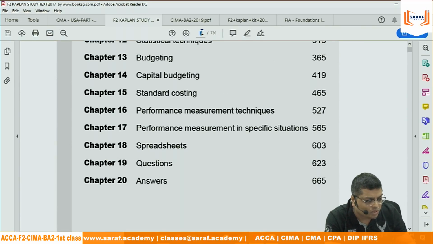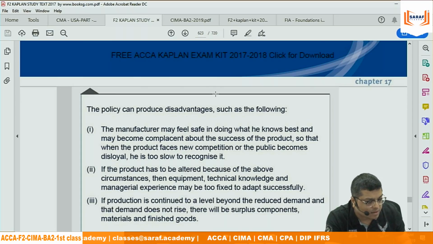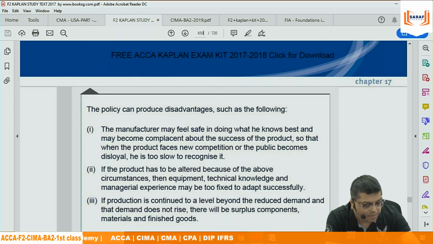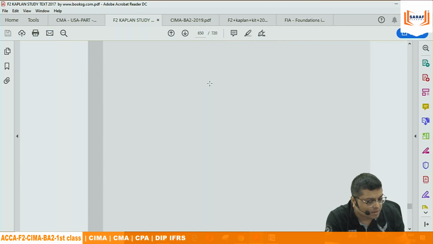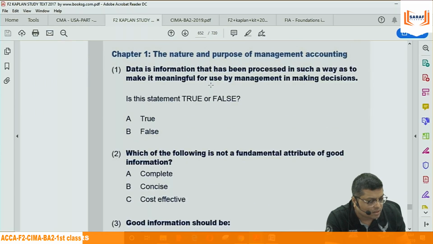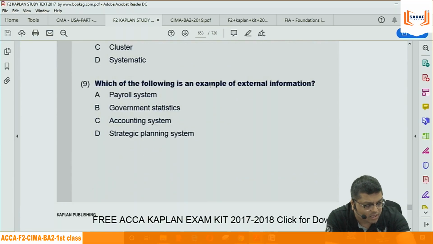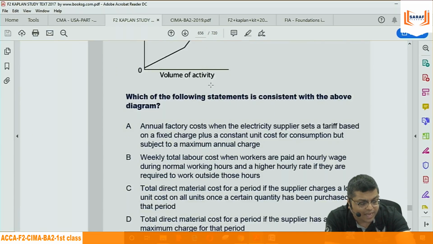Suppose I am going into that. Questions. In this chapter, how many questions are there which are related to the entire syllabus?